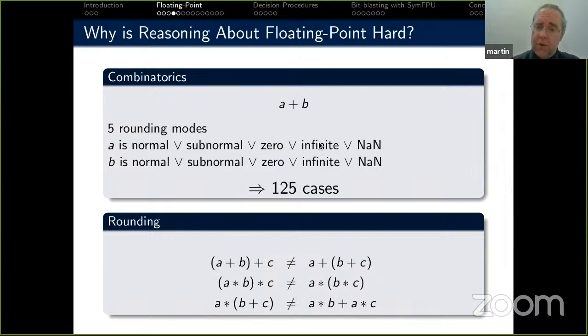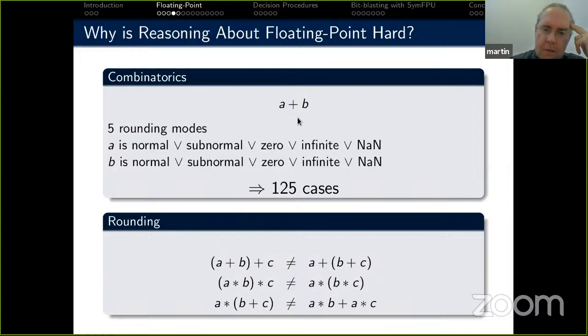We've got 2 of them for the top and bottom. We've got a not a number for anything that's clearly just not a number. Let's divide infinity by infinity. What's that? So just for one addition, we've potentially got 125 cases to think about.